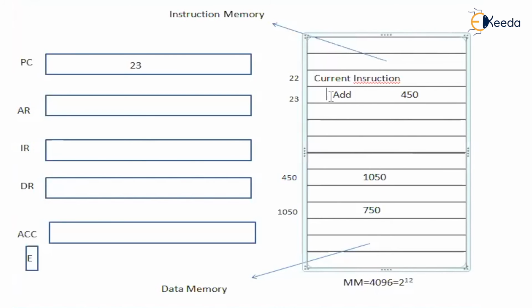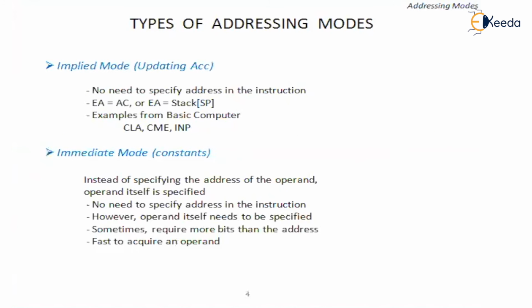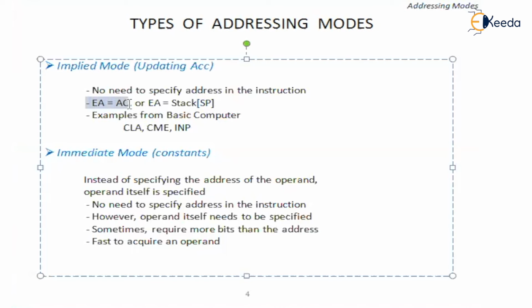Now, for a few instructions such as CLA or CLE, looking at the instruction itself, you know what the operand is. The operand is the accumulator itself. That is, the operand is implicit within the instruction. That is called implied addressing mode. In the implied addressing mode, the operand is specified within the instruction itself. That is, the effective address is always the accumulator. The operand is always the accumulator itself.